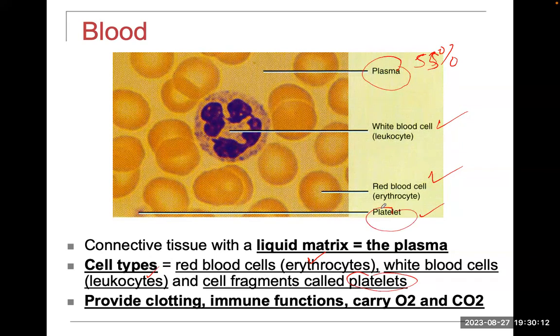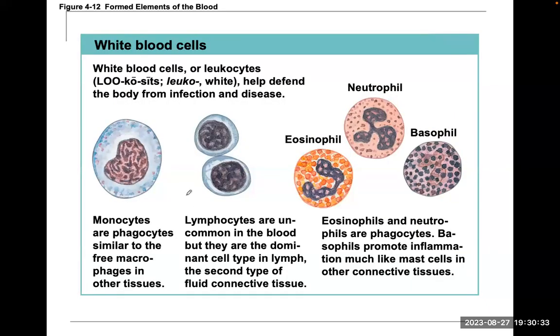The platelets are involved with clotting. So it helps us clot. The white blood cells are involved with immune function. And the red blood cell carries oxygen, CO2, and even nitric oxide. Nitric oxide helps to vasodilate blood vessels, which means to open up blood vessels.